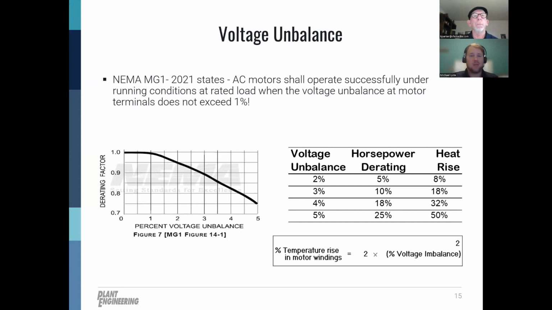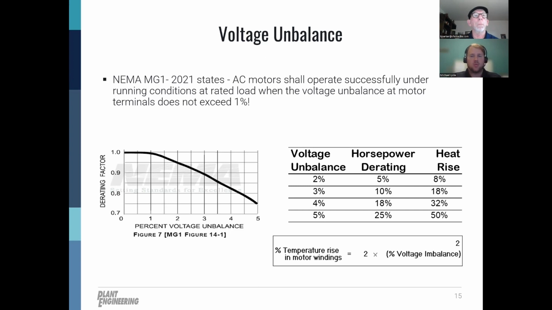In a lab setting, we can keep it very balanced for our testing. We can also run testing at 2, 3, 5% unbalance. But in your facilities, it's going to be very common to see some levels of voltage unbalance. So it's good to understand, when you know what that voltage unbalance level is, what it means for your equipment.